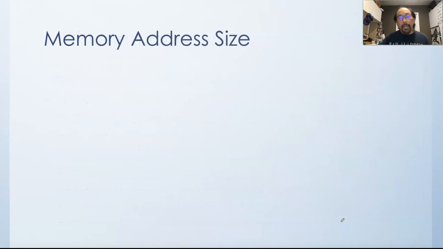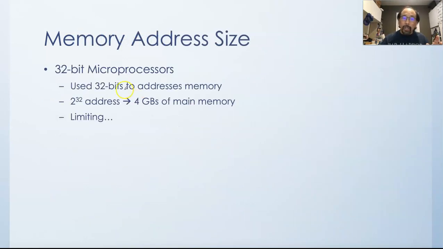Okay, memory address size. In the older computers with 32-bit microprocessors, the adders were 32 bits, and it was very natural for the addresses to be 32 bits long. And so we have a limitation of 4 gigabytes of main memory to access. 2 to the 10th power is a kilobyte. 2 to the 20th power is your megabyte.